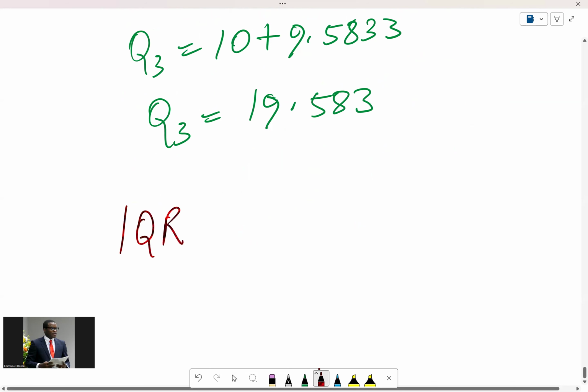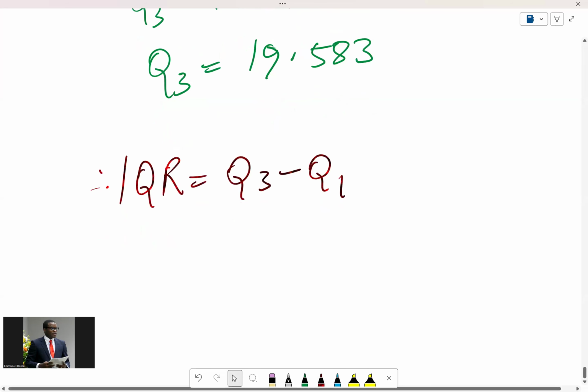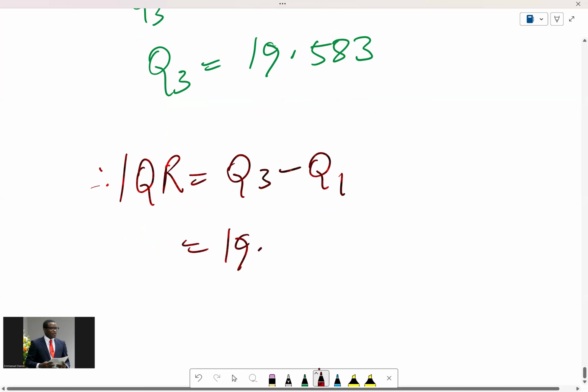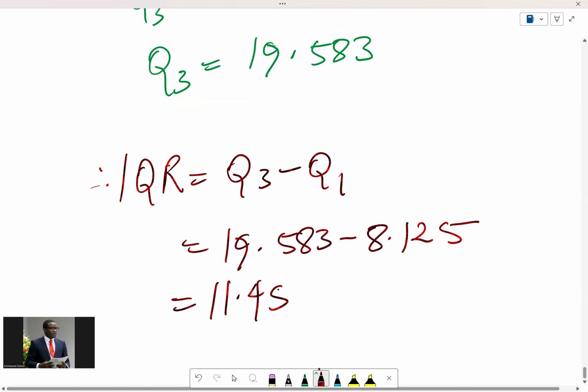So now we can compute the interquartile range. We can say therefore IQR is equal to Q3 minus Q1, which will be 19.583 minus 8.125, which is 11.458.